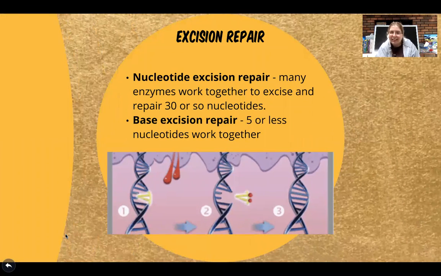So nucleotide excision repair is you have a bunch of enzymes that work together to repair sections that are like 30 nucleotides long, give or take. So 30 nucleotides or more. It's going to look at these bigger sections, not super big. If there's a major section of DNA that is messed up, the enzymes just might scrap that whole thing and try again.